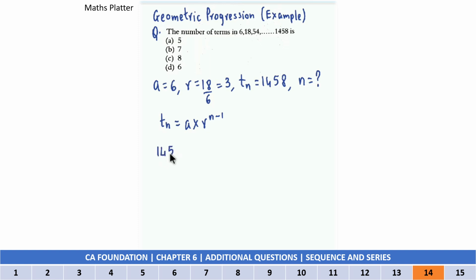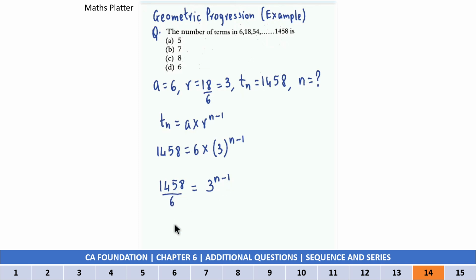So 1458 is equal to 6 times 3 raised to n minus 1. We divide by 6 over here. So 1458 divided by 6 is equal to 3 raised to n minus 1.